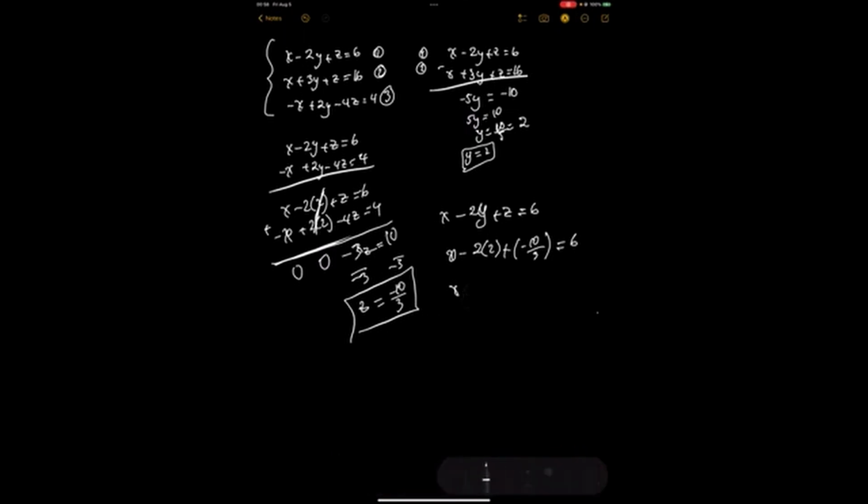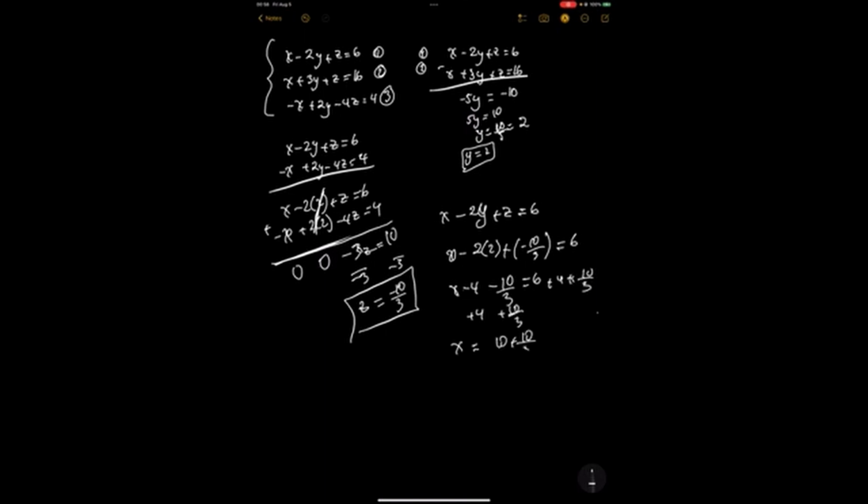So x minus 4 minus 10/3 equals 6. I'm going to add 4 and 10 over 3 on both sides. So I have x equals 10 plus 10 over 3. And what would that be equal to? 3 times 10 is 30, plus 10 is 40. So x will equal 40 over 3.